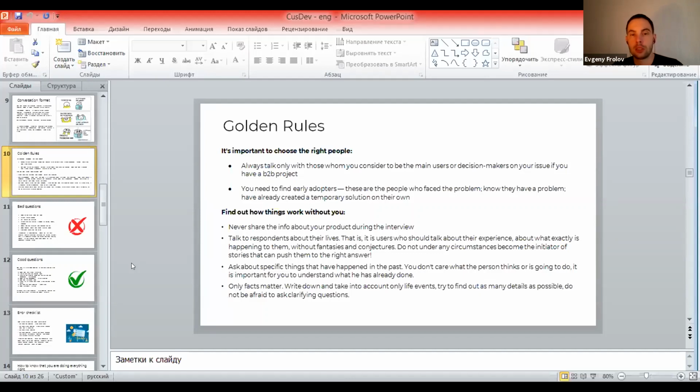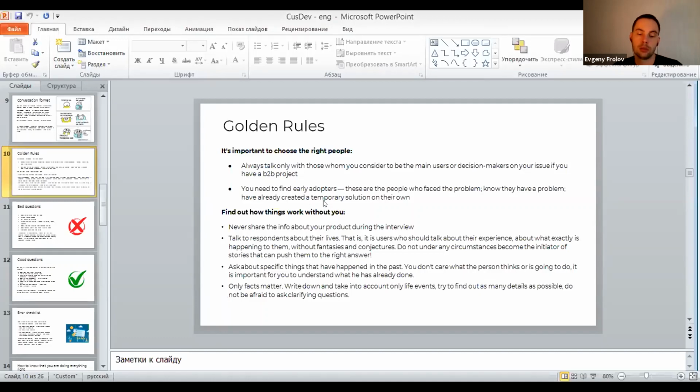But what's important here is, again, to confirm the problem. When you can already preliminarily imagine what the respondent will answer you, that means you already know the market. It makes sense to pause and analyze the current situation. If you can preliminarily imagine what your respondent will answer on the 10th interview, you don't need to make 20.